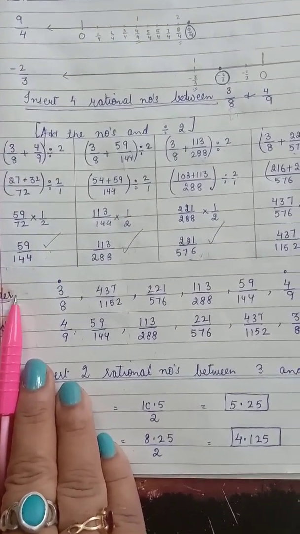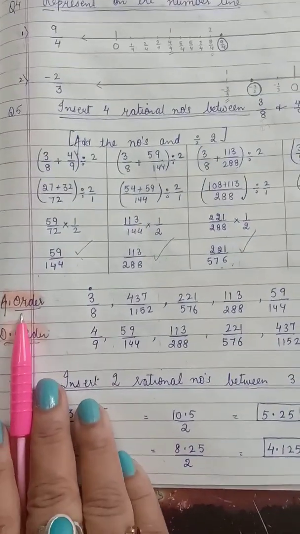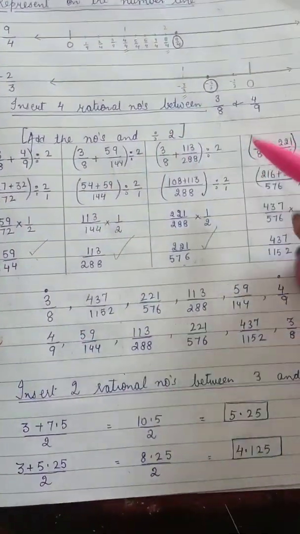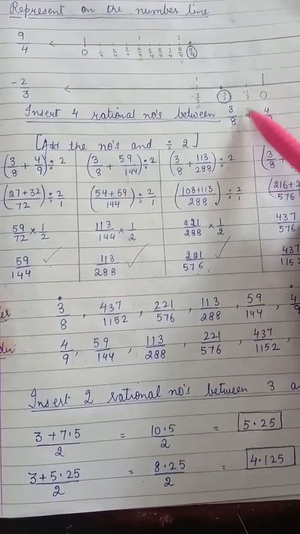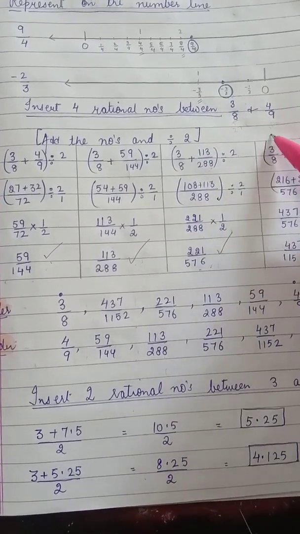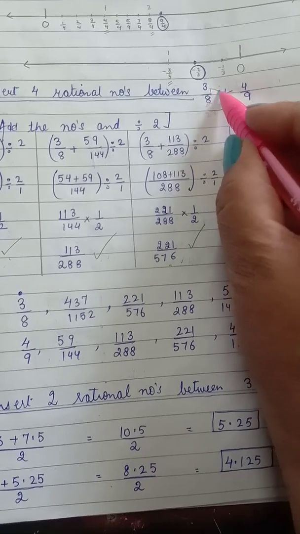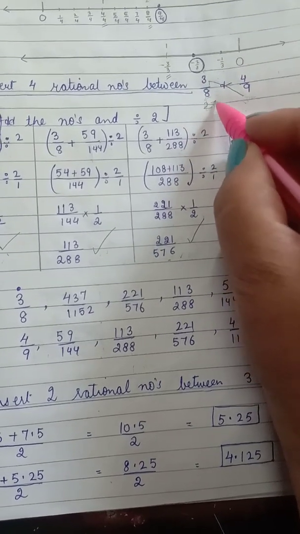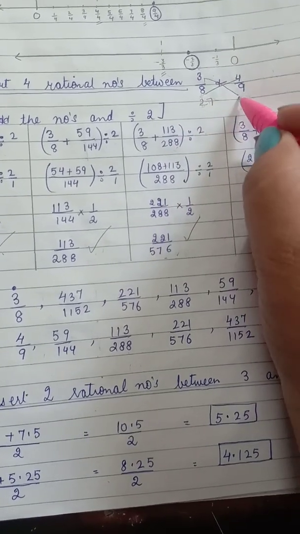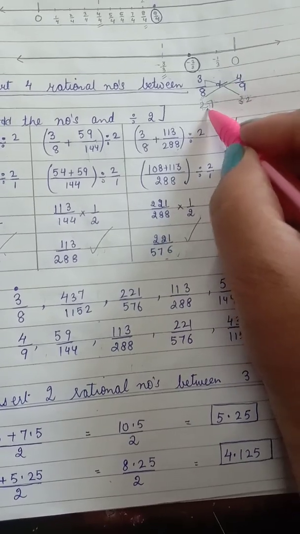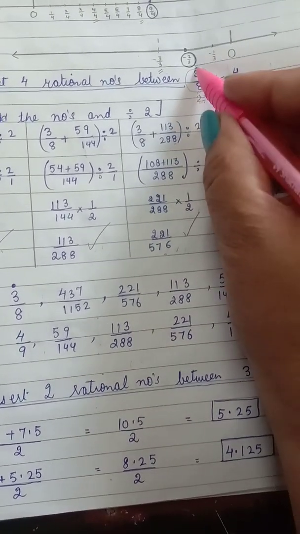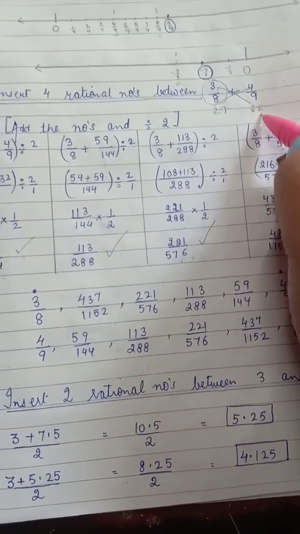For this, I'll tell you one trick, that when you have to arrange in ascending order, that's smallest to biggest, first of all, you just see out of the 2 given numbers which is the smaller one and which is the bigger one. Like 3 into 9, this is 27, and 8 into 4, this is 32. Now this answer is small, which means this number is smaller as compared to the second number.